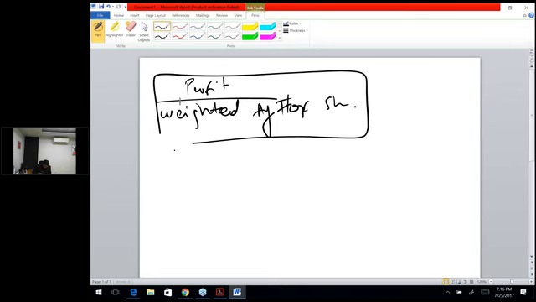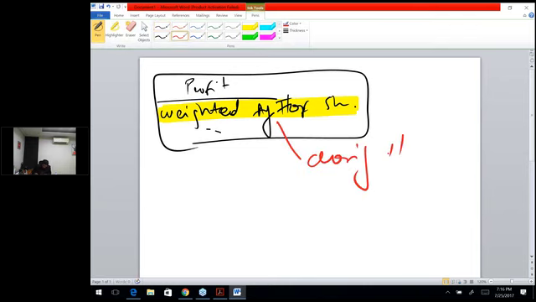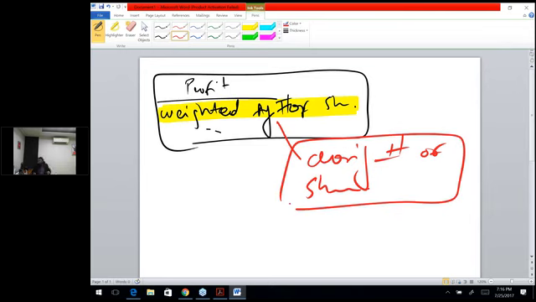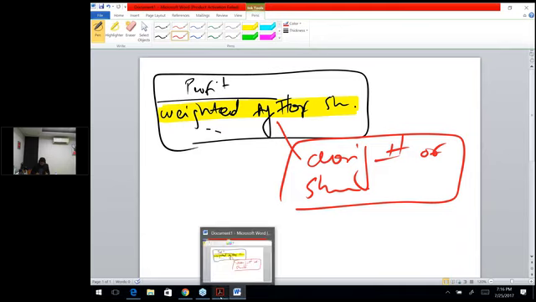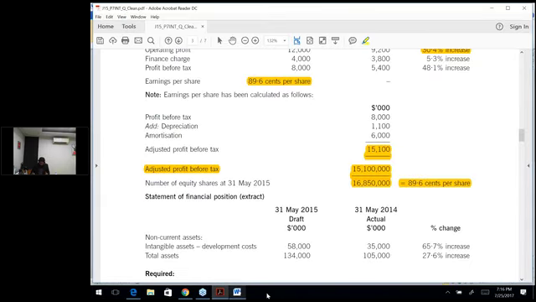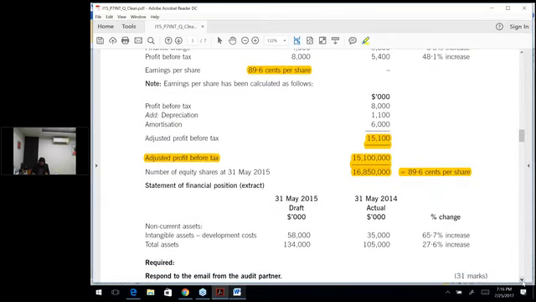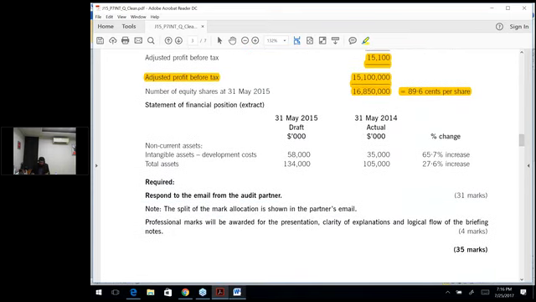So what could actually be the risk over here? The risk over here is that you have not used the weighted average number of shares. The only thing that you have used is the closing number of shares. The closing number of shares is not important. You should have used the weighted average number of shares. That is also one of the problems with it, that you have not calculated it correctly. So these are the few things which could be indicating the risk associated with this specific scenario.